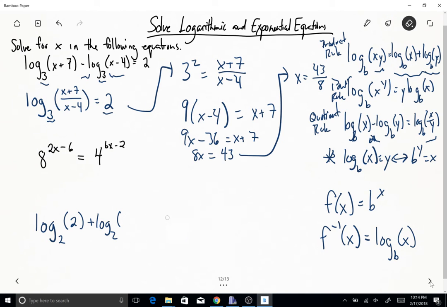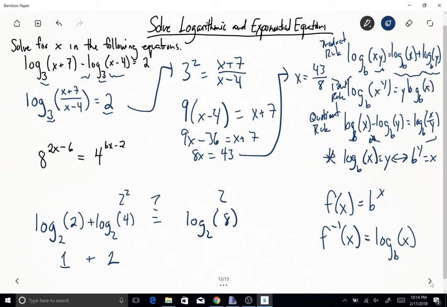If I do the log base 2 of 2 plus the log base 2 of 4, notice that should be 1 plus 2, since 4 is 2 squared, just by that property I had on the previous page. But let's see, and I'll put a question mark here, what's the log base 2 of 8? Well, 8 is 2 cubed, so notice this 1 plus 2 equals 3. I can start checking these with all their numbers, and every single check you do, regardless of how you do it, you actually get the same answer.